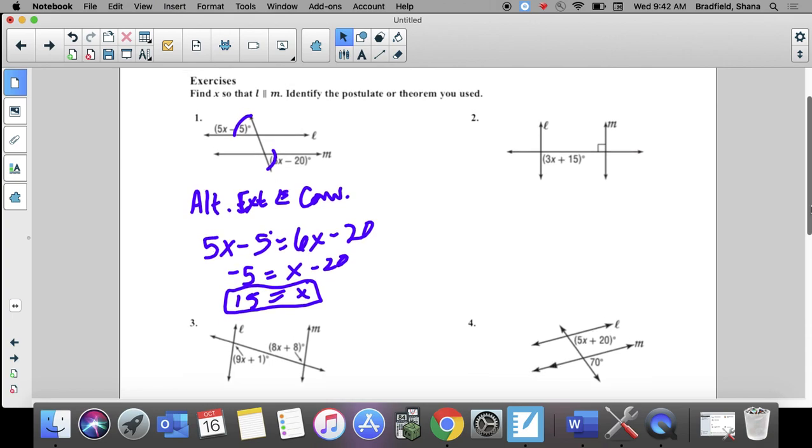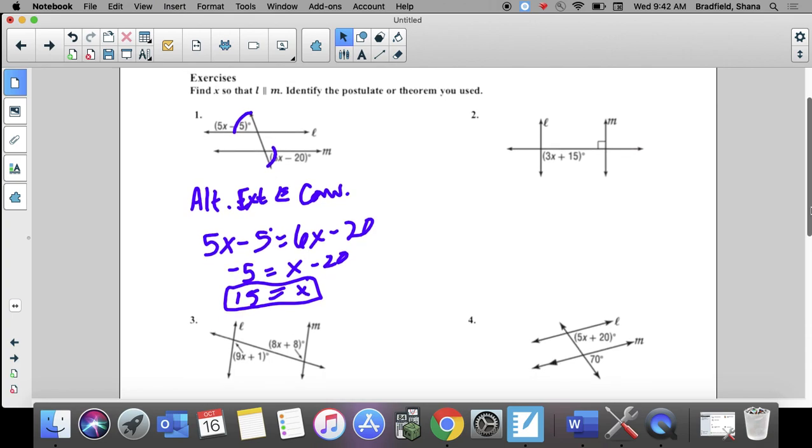Let's look at number 2 because that one's a little bit different. So in this case, we have a couple of things. We have a right angle there. And so the right angle represented in the 3x plus 15, those are alternate interior angles. We could use that.